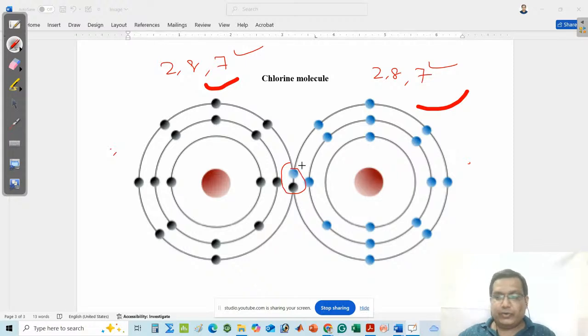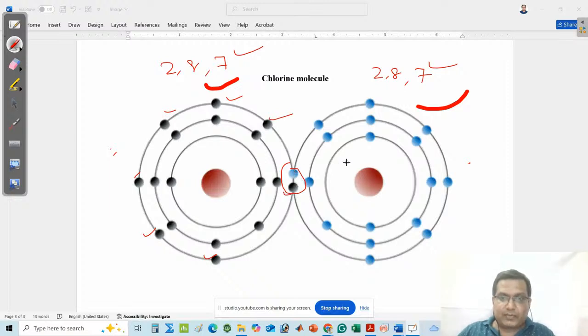So when you think about the stability of these both chlorines, if you count the number of electrons present in the valency shell, you can count like this: one, two, three, four, this is your five, six, and this is your seven electron.